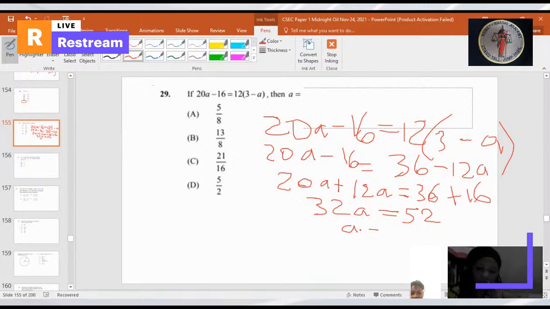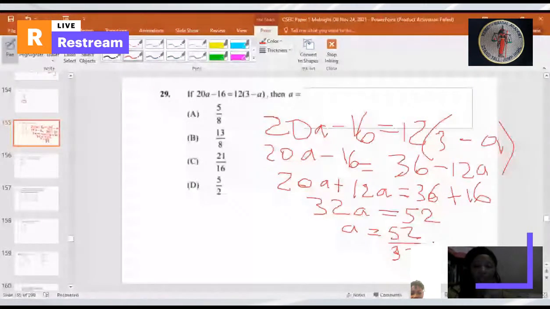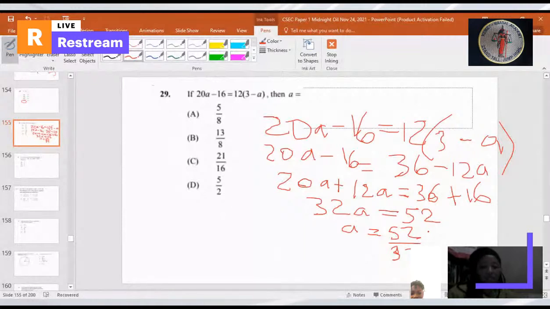So A would be 52 over 32, which if we reduce, divide by 4, we'd get 13 over 8.